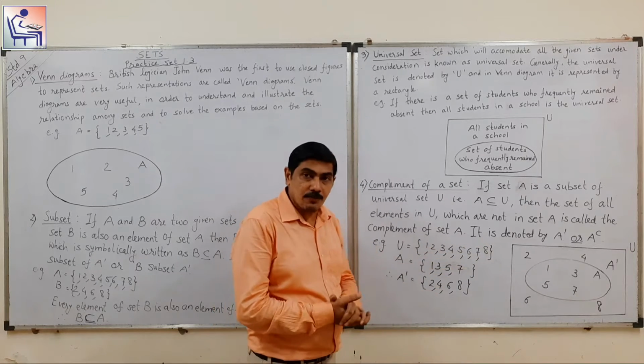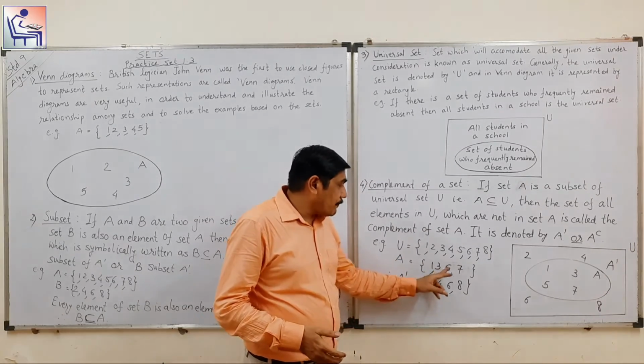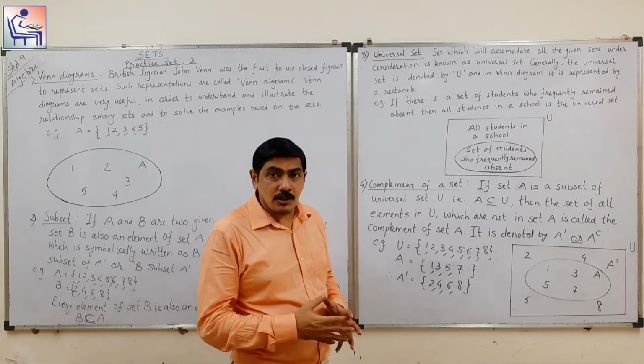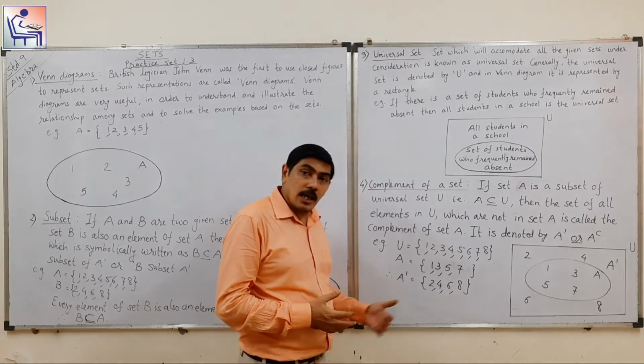6 7 8, and the elements of set A is 1 3 5 7. So which elements come in your complement of A?